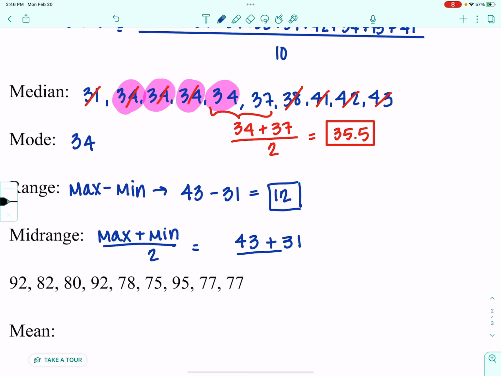This time I want to add 31 and divide by 2. 43 and 31 was 74. I still don't trust my mental math. 37. So our mid-range, or the middle of our range, is 37.